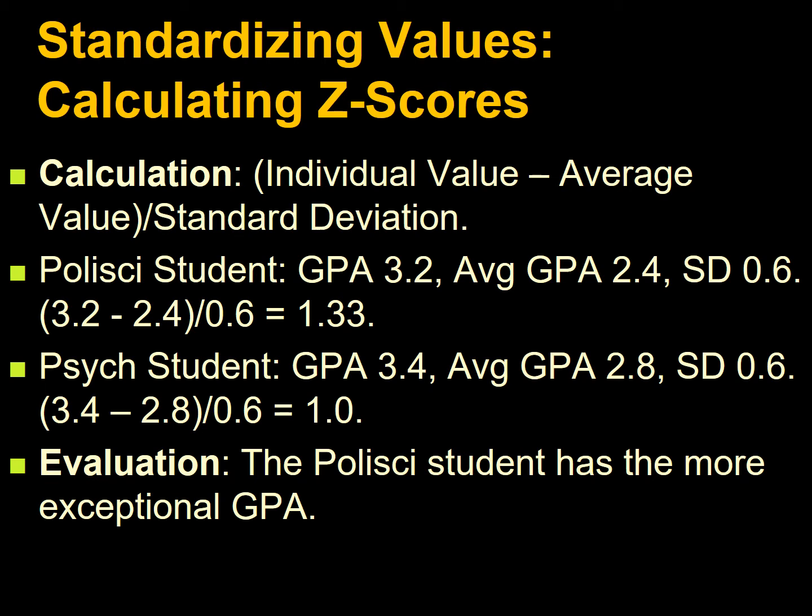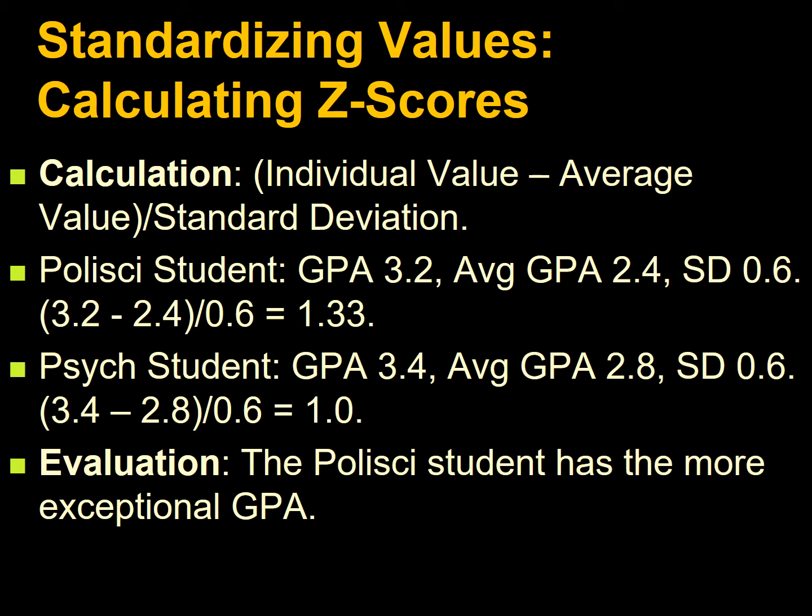So the political science student has an individual GPA of 3.2, an average GPA of 2.4, with a standard deviation in the sample of 0.6. And the calculation there is 3.2, the student's GPA, minus 2.4, the sample GPA, divided by 0.6, the standard deviation, with a resulting value of 1.33.